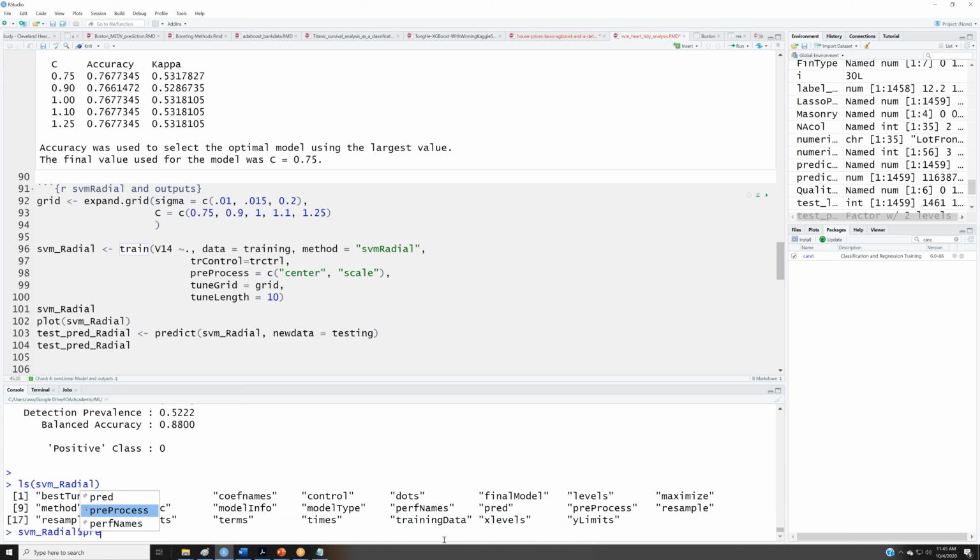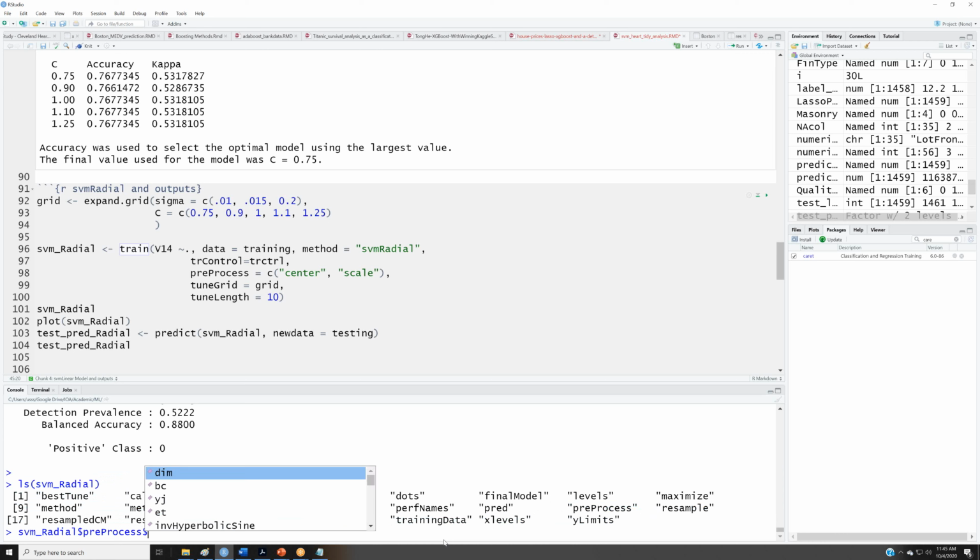That is also an object. BC, YJ, ET, range, rotation, method, mean, big imp, median, data. Let's see whether data is the issue there. But this may be the raw data.